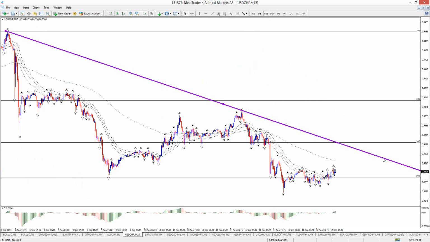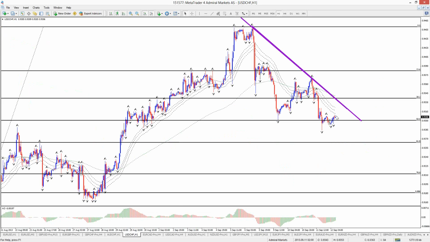So I'll probably wait for the pink setup here. Get a bit more confirmation on the dollar Swissy, but I do think that it has the potential to move up. I'd just rather wait for it to move up and then take the next break.